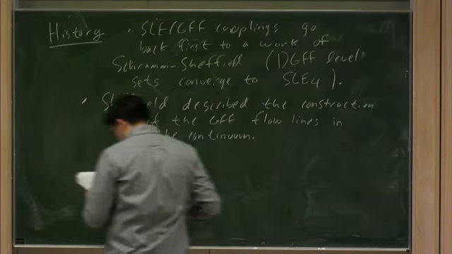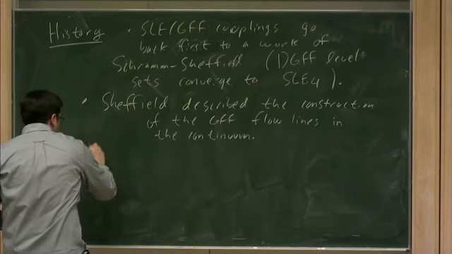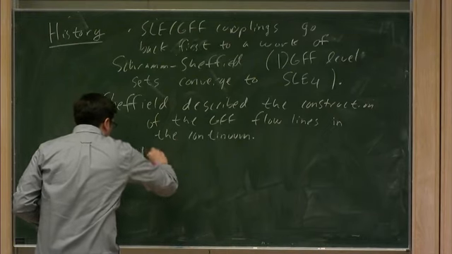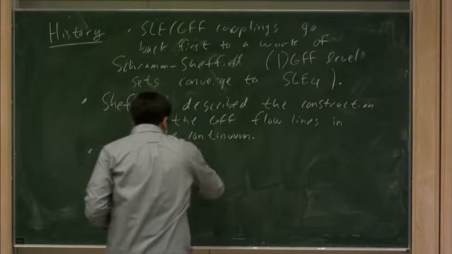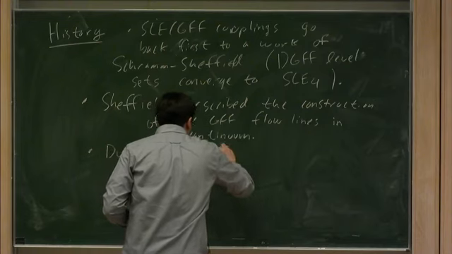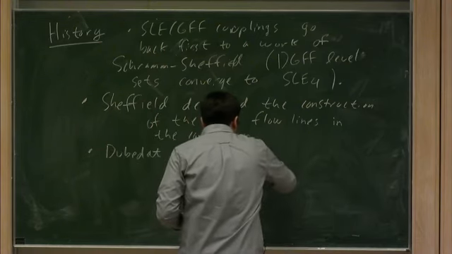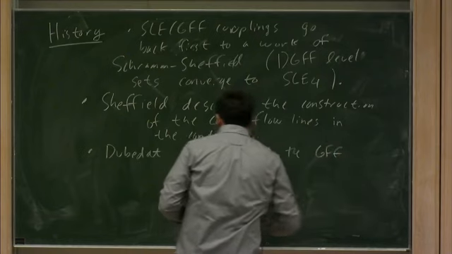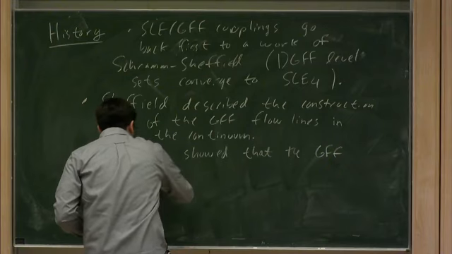And then what we're not going to have time to do, but is a very interesting argument that goes back to Julien Dubédat, is that he carried out this last step. So he showed that the Gaussian free field almost surely determines its flow lines.